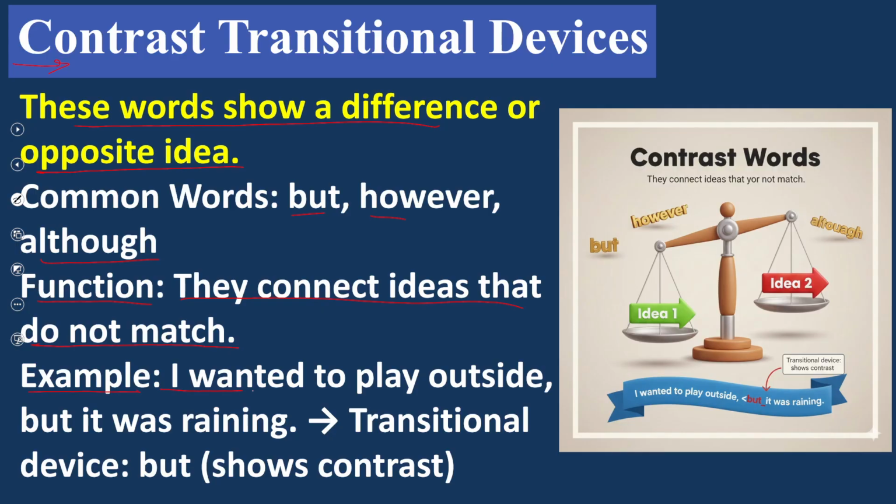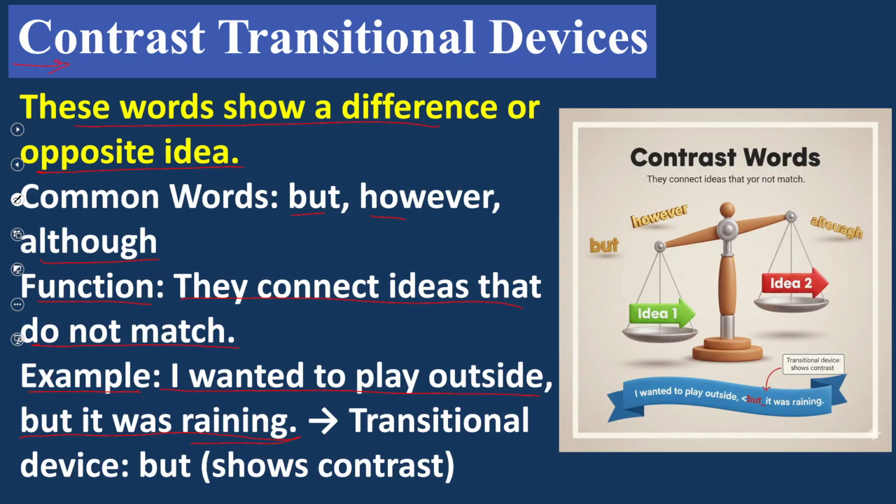Example: I wanted to play outside, but it was raining. Yes, this sentence is clearly describing the usage of contrast transitional devices. I wanted to play outside, but it was raining. This is the contrast.